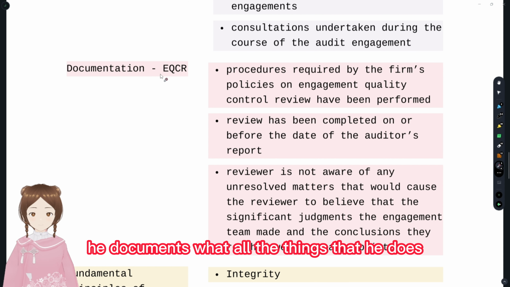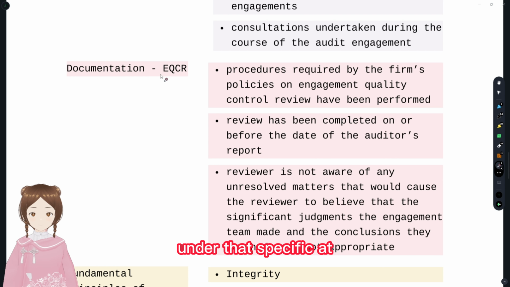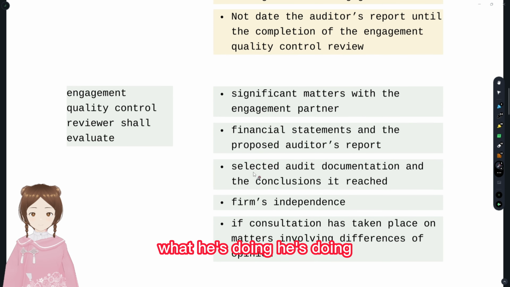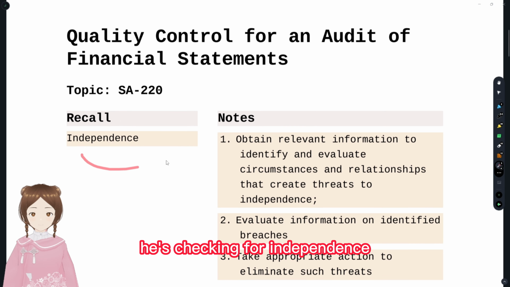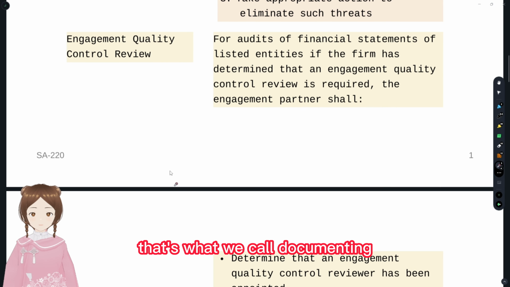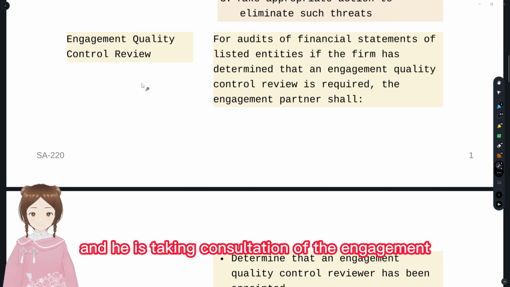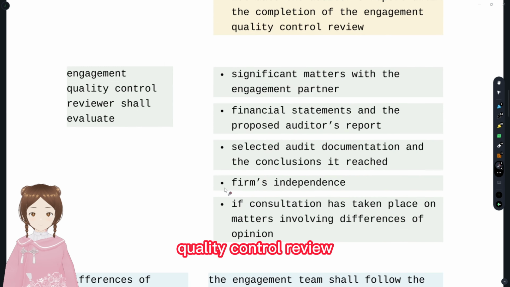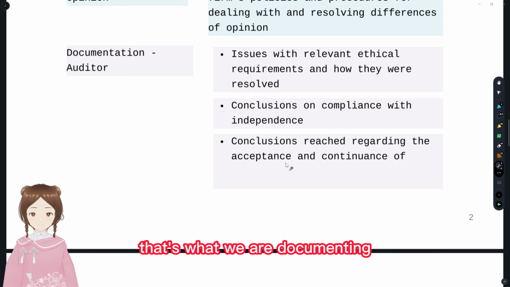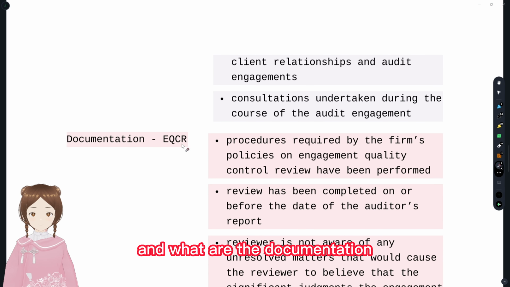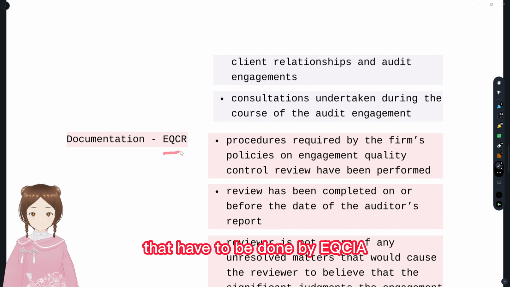He documents all the things that he does under that specific standard. Here, he's checking for independence, and that's what we document. And he's taking consultation of the engagement quality control reviewer, and that's what we document. And what documentation has to be done by the EQCR?